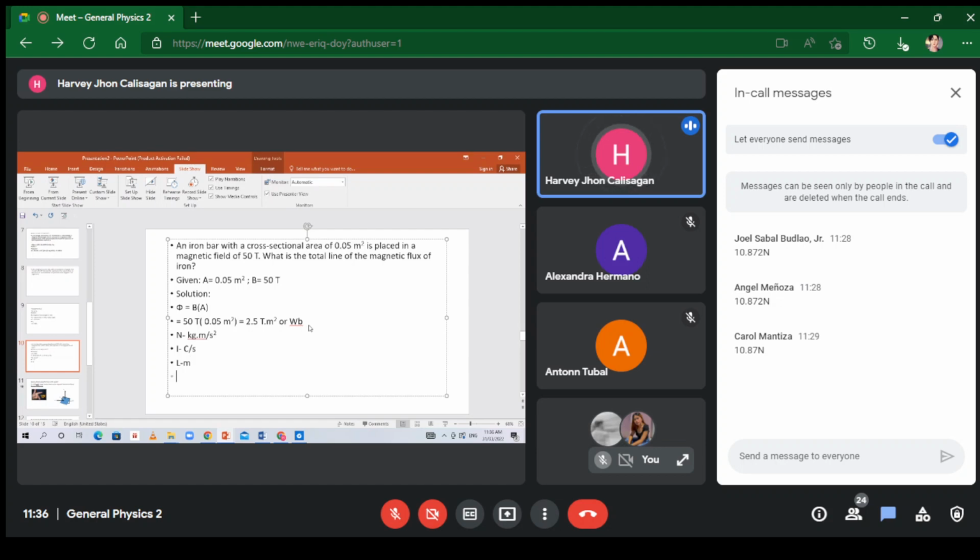From the formula, F equals BIL. If you get B, B equals force divided by IL. So let's try to find kilogram.